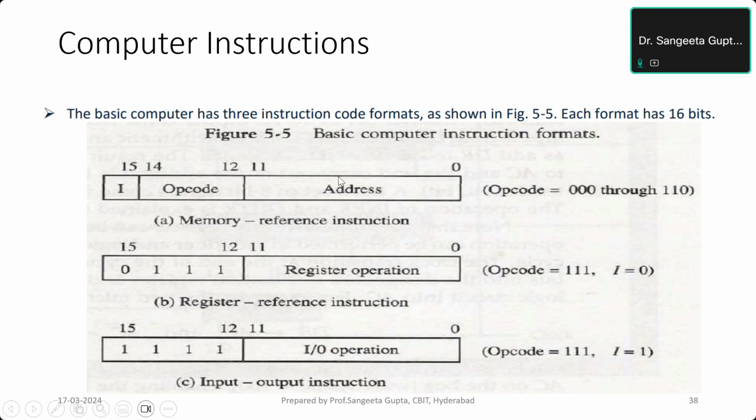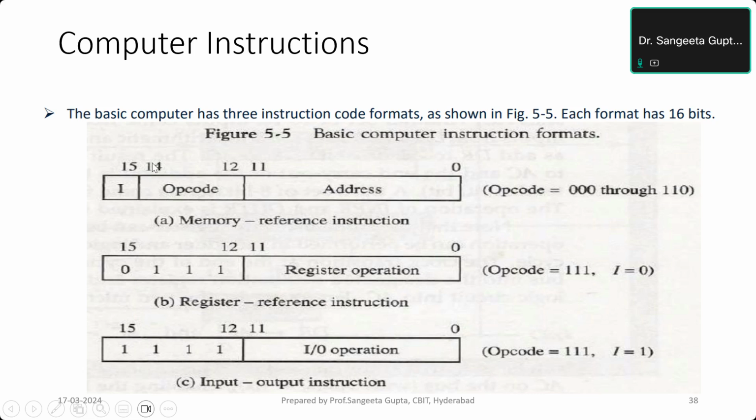Out of the 16 bits, a memory reference instruction is identified by bits 0 to 11. That is, a total of 12 bits are used to represent the address. And the opcode bits from 12 to 14 take values from 3 binary zeros to 110, which is a representation for 6.